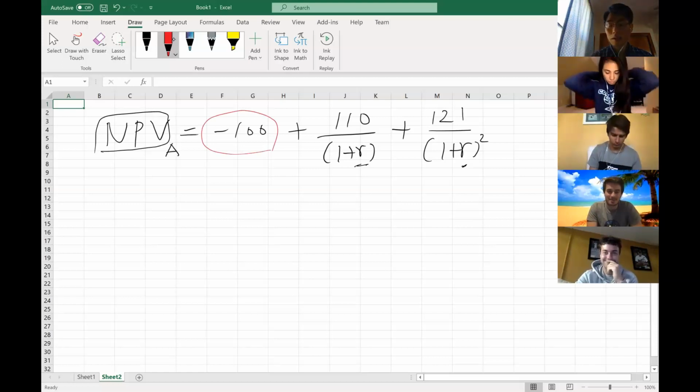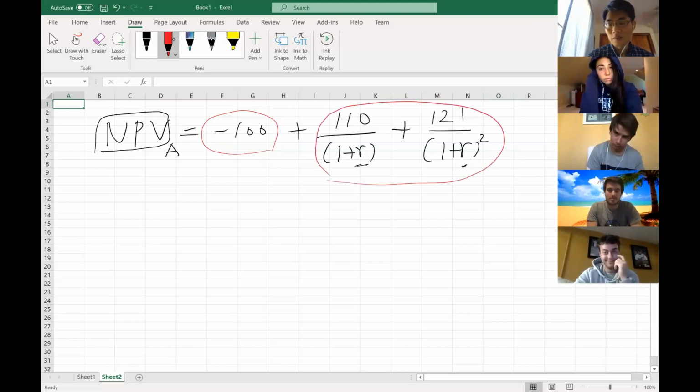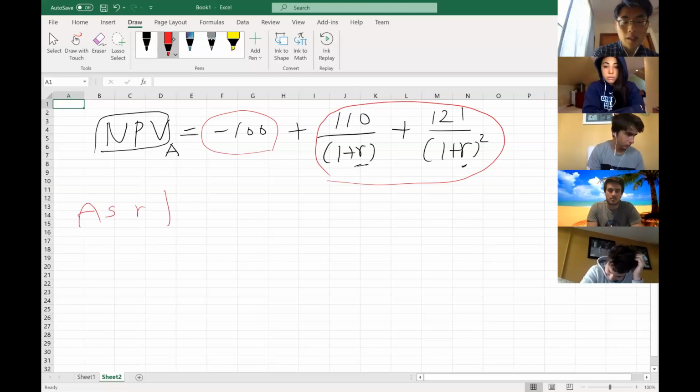So any increase in R does not affect the cost side. It's only going to affect the present value of the future return. So think about what will happen to the NPV as the discount rate goes up.